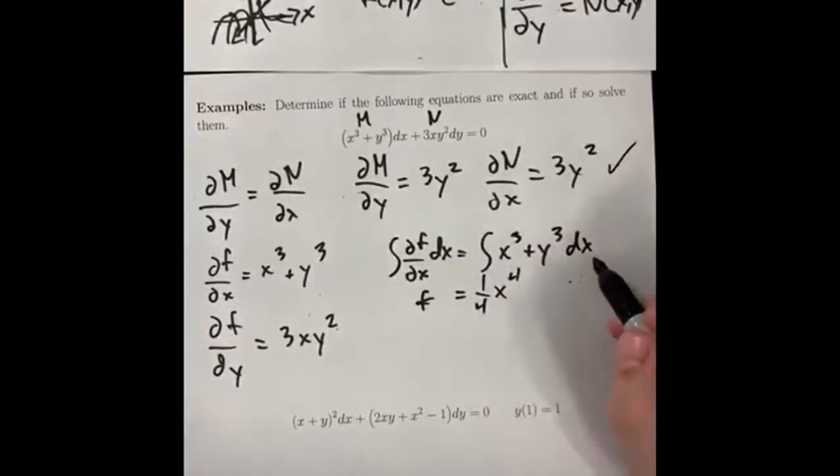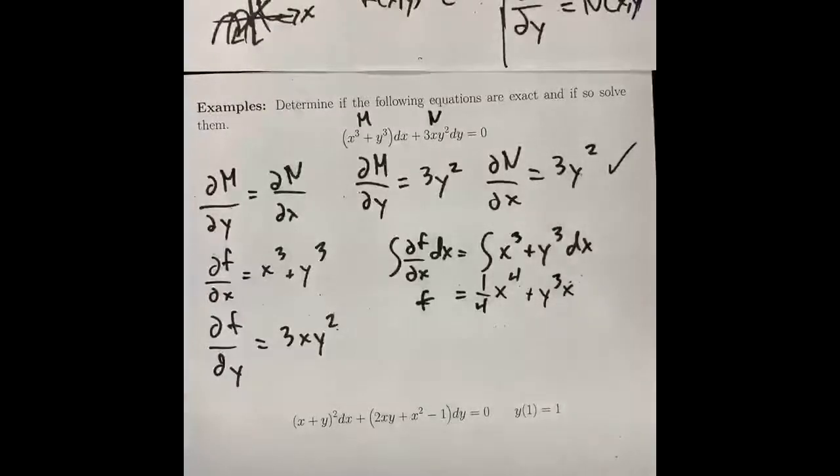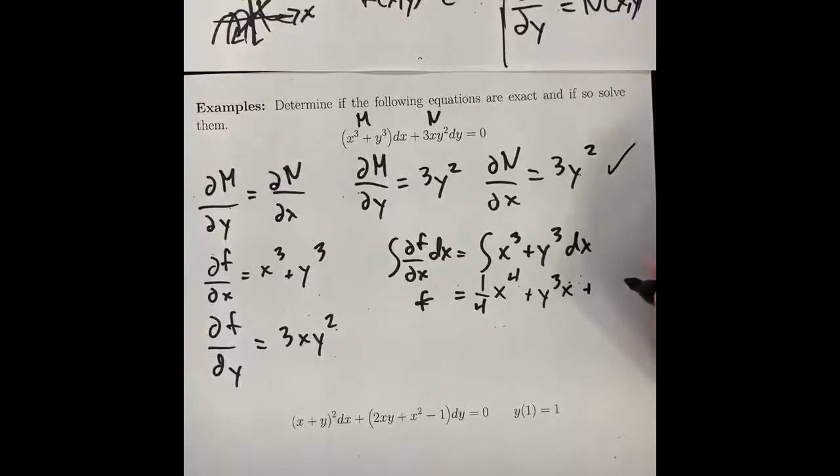Since we're integrating with respect to x, we treat y cubed as just a constant, so this is just y cubed times x. Normally we would have an extra constant here, but since y is also constant, really what we have is some function of y. So we have a whole something else, g of y, left over.